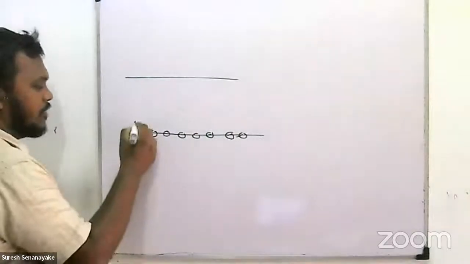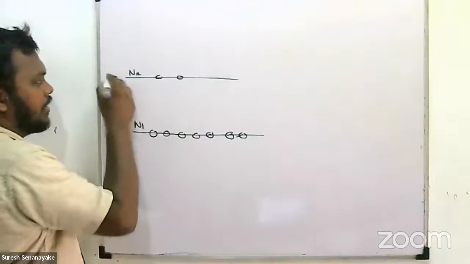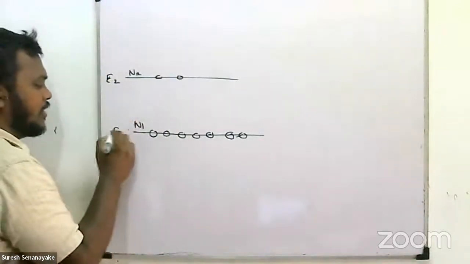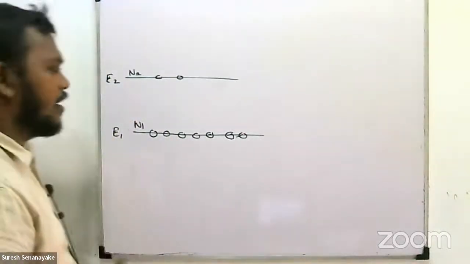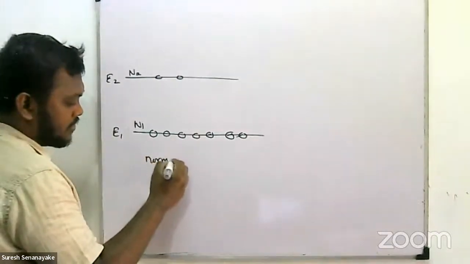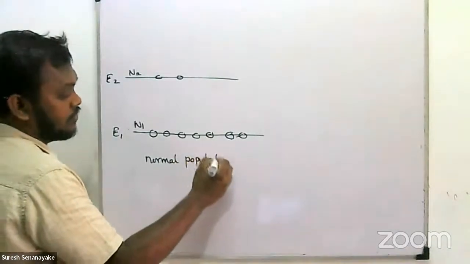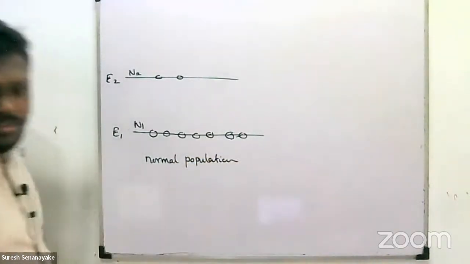Here let's say the number of atoms in this high energy level, this low energy level. Right. This is called the normal population.